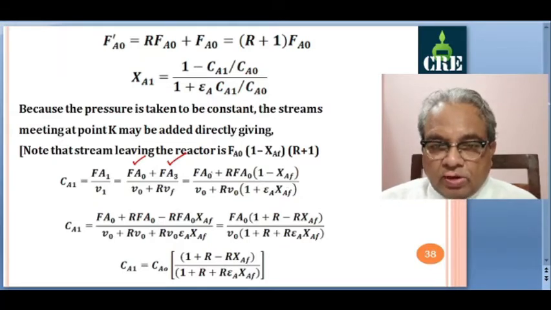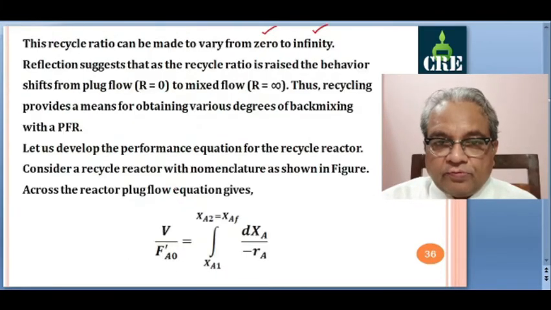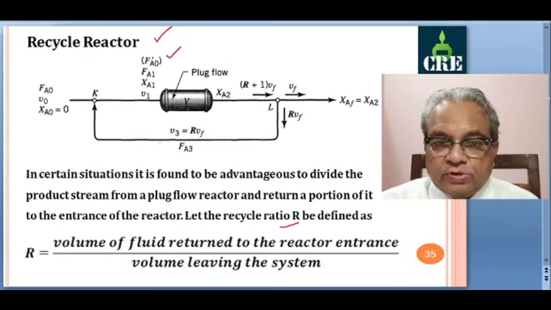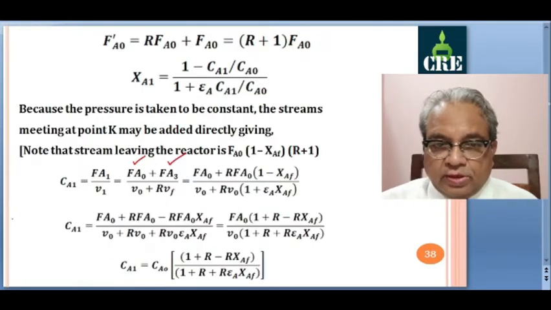So in the numerator you have Fa0 plus this Fa3 stream, and in the denominator this V0 plus this RVf, which is nothing but V3. So notations you have to note carefully. Ca1, now I solve this: Fa0 plus RFa0 minus RFa0 into XAF, and the denominator also.